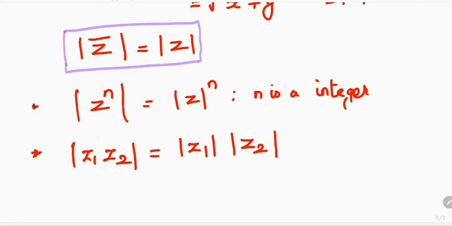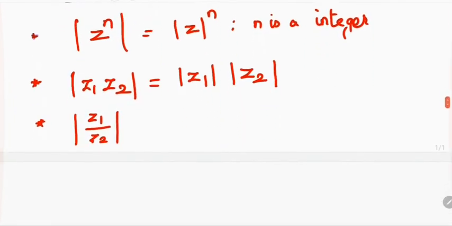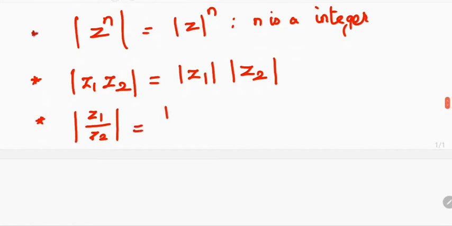The modulus of the product of two complex numbers is equal to the product of their moduli. So we can apply it for division also. So modulus of z1 by z2 can be written as modulus of z1 by modulus of z2.